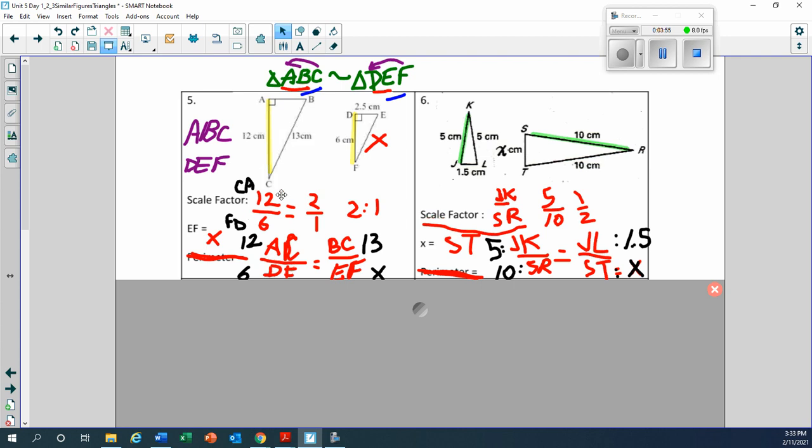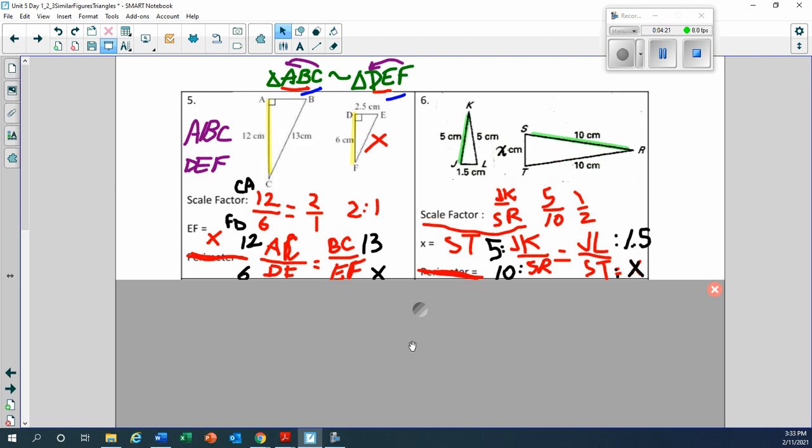And then we see CA is 12, FD is 6, simplified 2 over 1. But if we want the scale factor, we have to include the 1. So you're going to write it as 2 colon 1. I know when we reduce the fraction, 2 over 1 becomes 2. But since it's a ratio, we cannot get rid of the 1. We have to keep the 1.